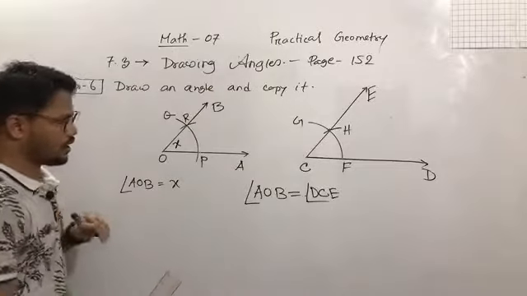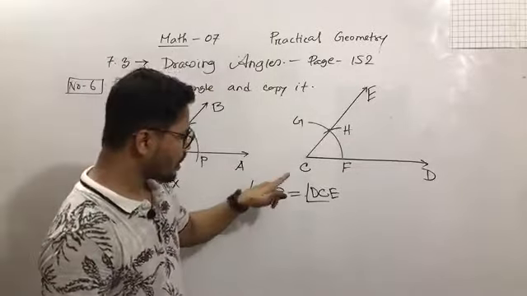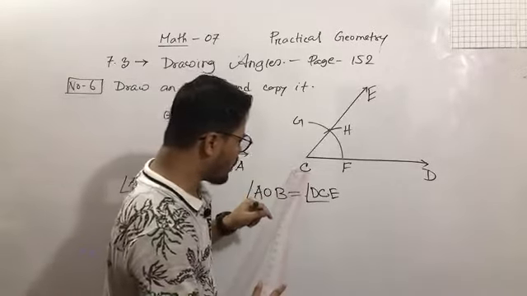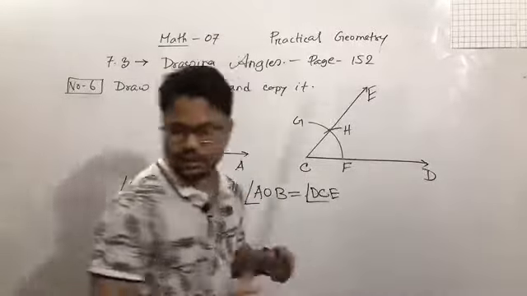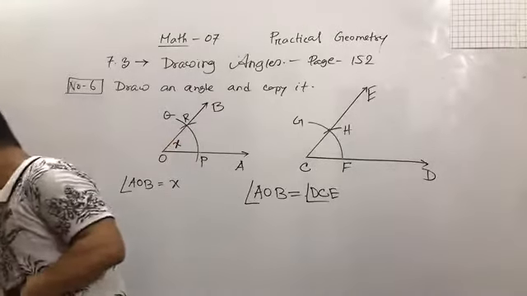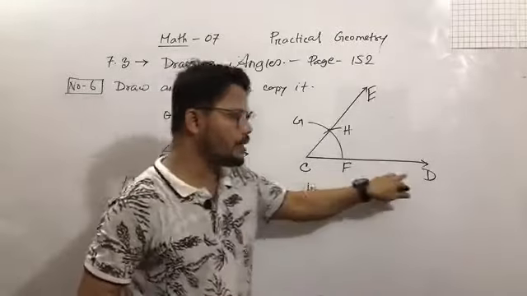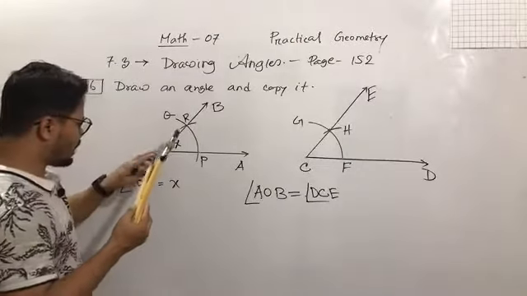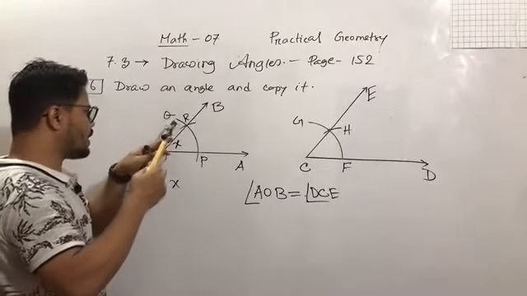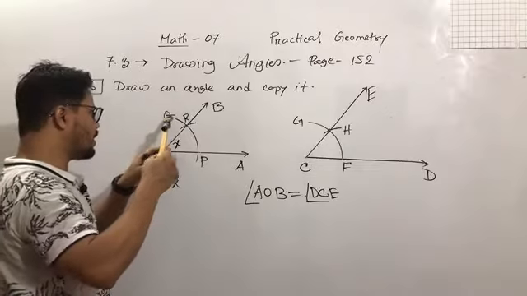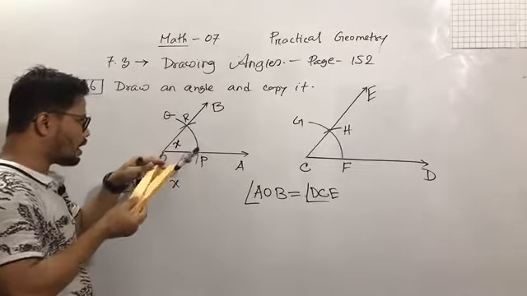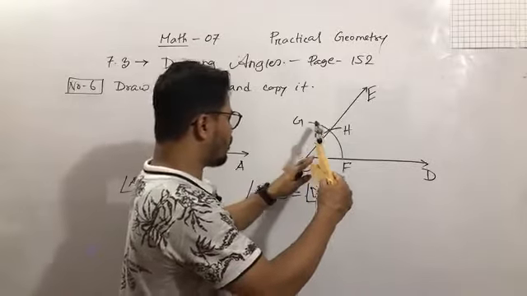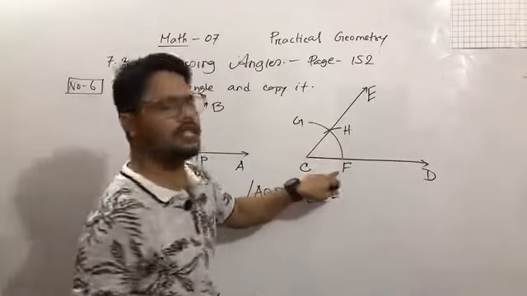Now, construction step 1: draw any ray CD. Step 2: placing the pointer at O, taking any suitable radius, draw an arc PQ and draw the same arc on CD, which is GF.